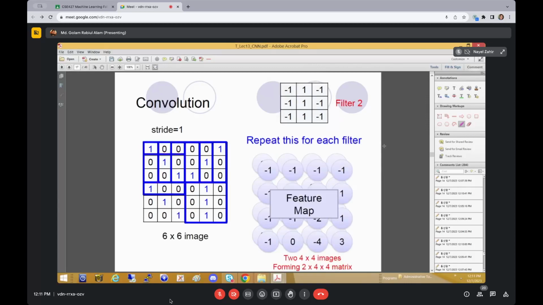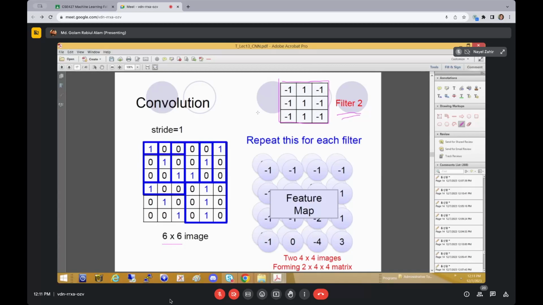Similarly, we can apply another filter. If we consider a wing detector, then filter 2 is our wing detector. Again we perform the same operation with the same philosophy, but a different filter, because this is a different detector. We now want to search for the wing.